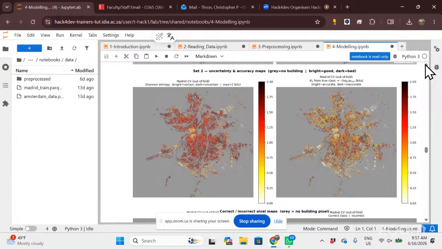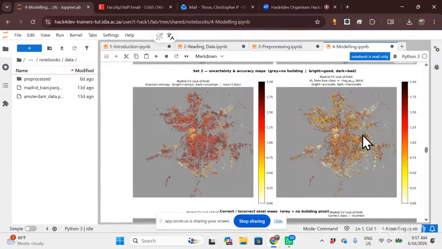Now, if the pixel is bright, that means the classifier is quite certain about the result. So you can see these two different measures right here in the old quarter. It was very certain about the classification. Yeah, bright is good and black is bad.